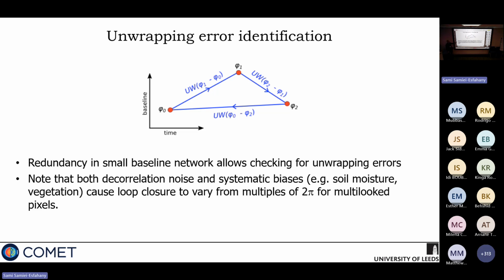But just note that you won't get back to 0 exactly, and that's because decorrelation noise and also systematic biases can affect this loop closure as well. So you'll never get back to exactly 0. Never expect that. If you're coding this up yourself, don't look for values of 0. You have to allow for some small amount.